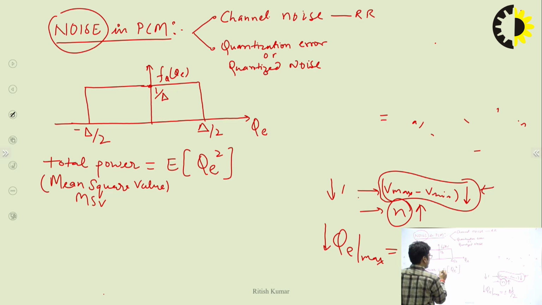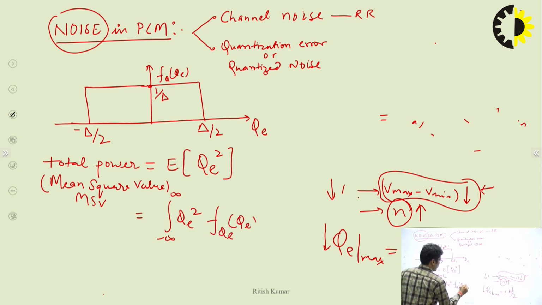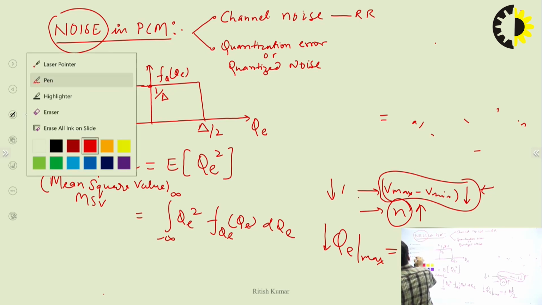The formula of expectation of QE square is equal to the integration of QE square from minus infinity to infinity f QE of QE dQE, right? So by using this formula, you can find the total power within the noise PSD, right?